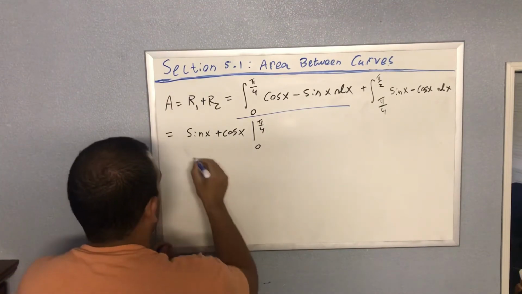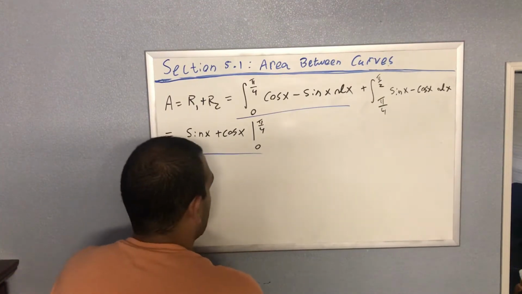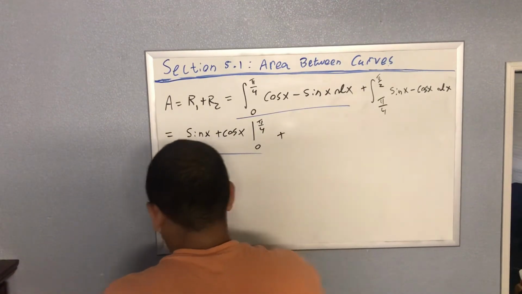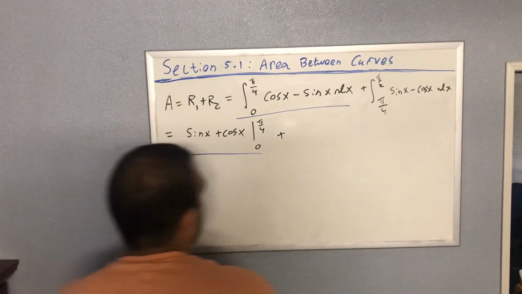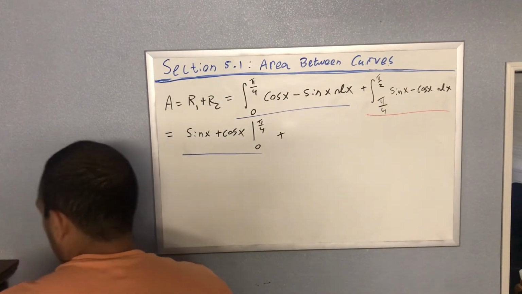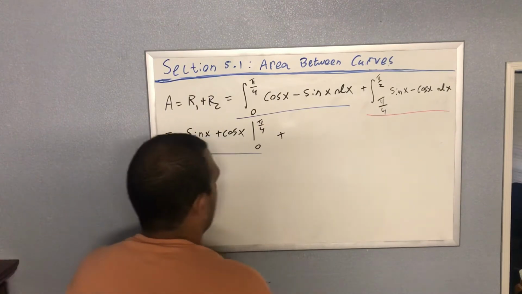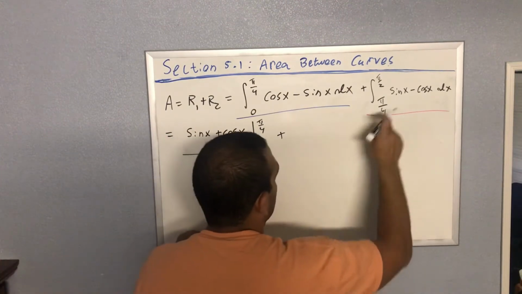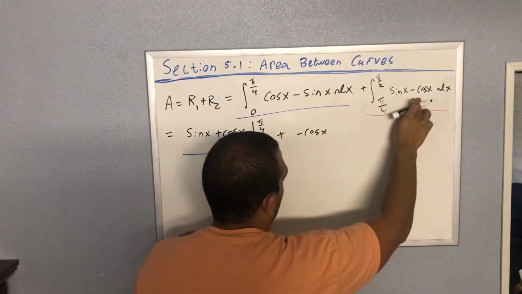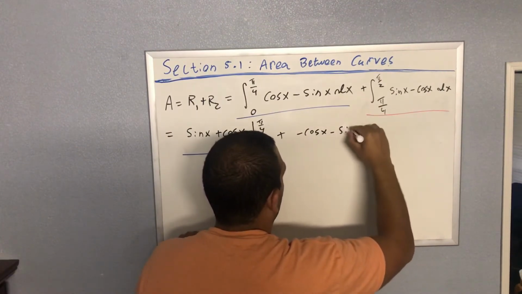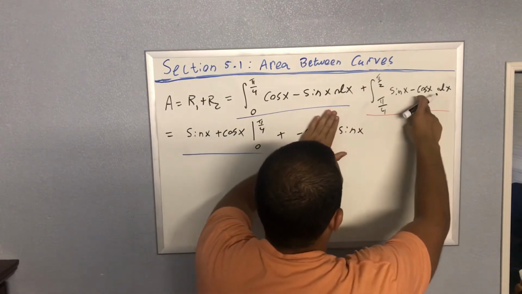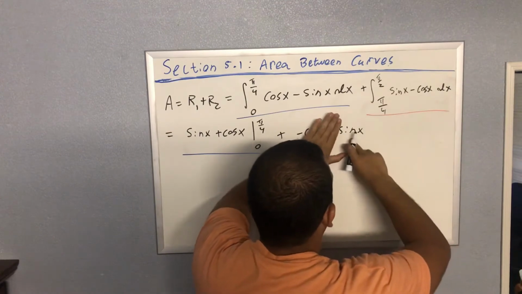Okay, so we have this. That's the blue piece. And then plus, and then the red piece here. Similar idea: this antiderivative is negative cosine x, and then this is a minus sine x. Because ignore the minus sign, that just comes along. The antiderivative of cosine is sine.